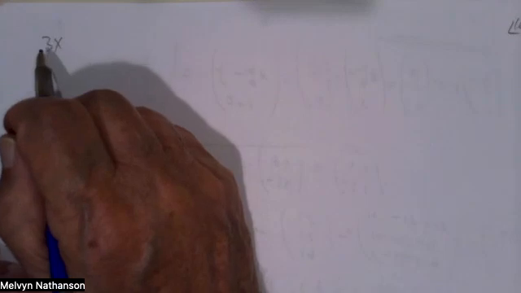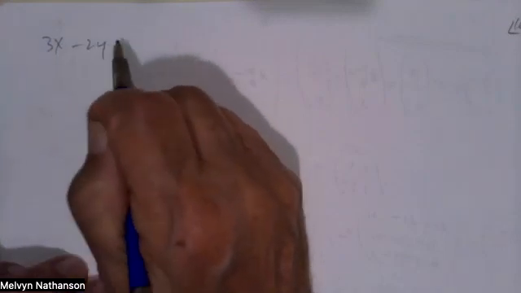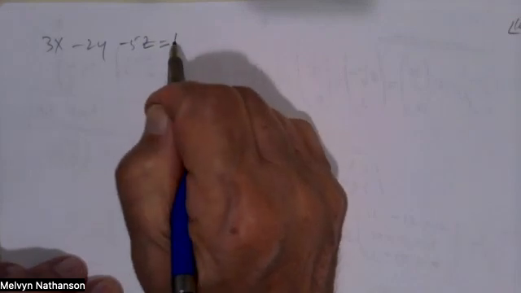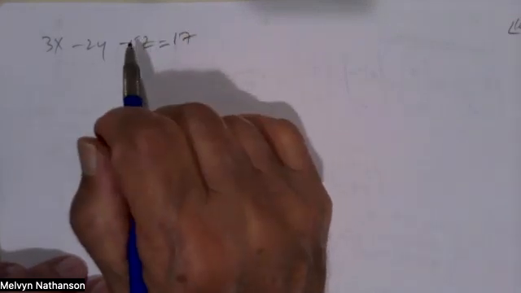Another equation we looked at earlier was 3x minus 2y plus minus 5z equals 17.